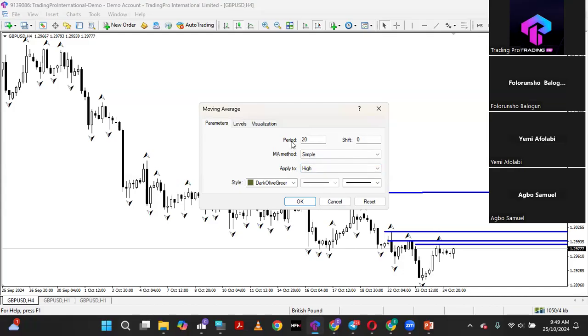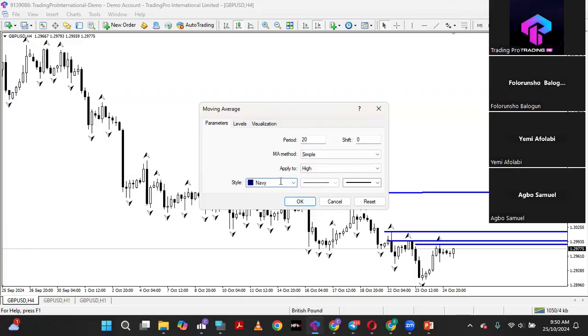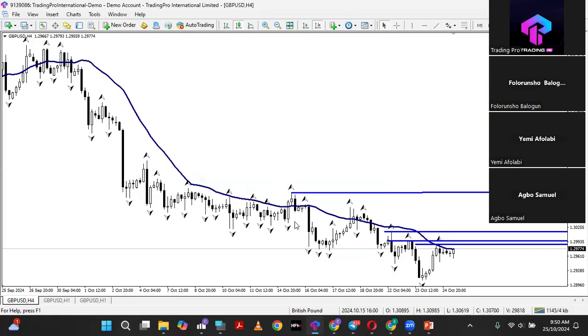So you use the period 20, the moving average method is simple, then you apply to high. You can set the color, maybe to blue. You can change the thickness as you want. You click OK, and this has appeared.